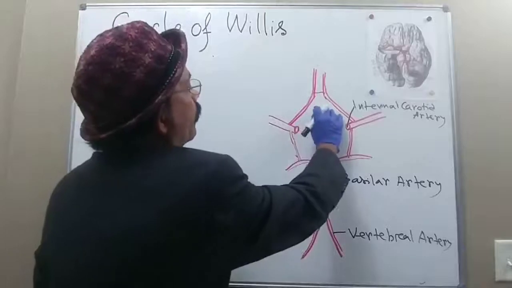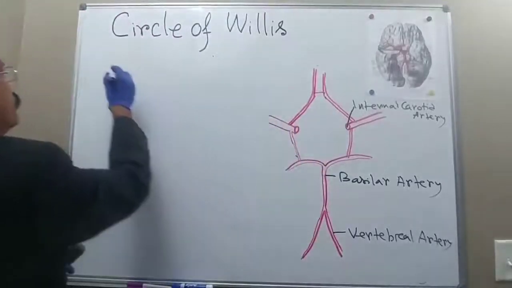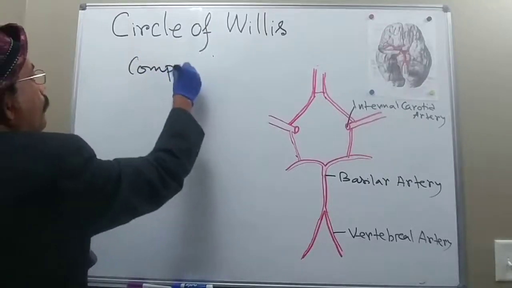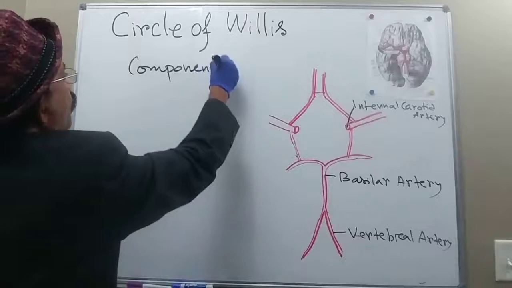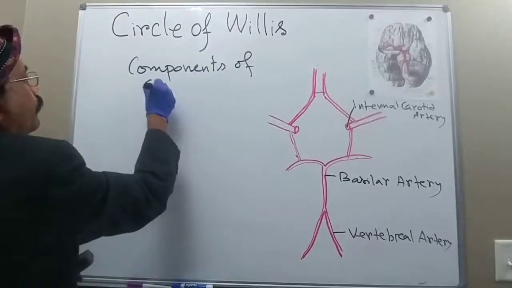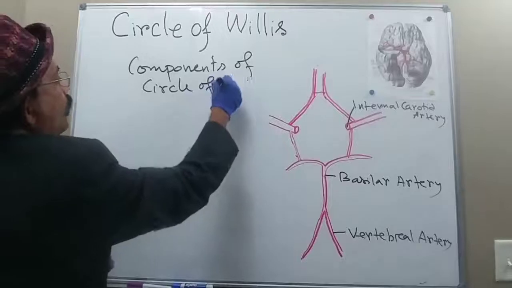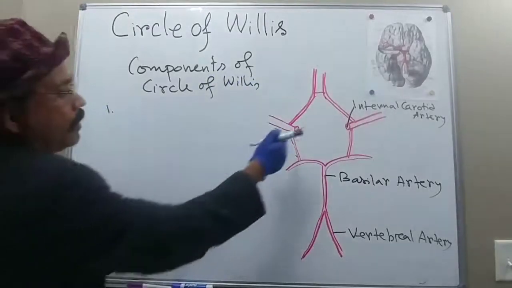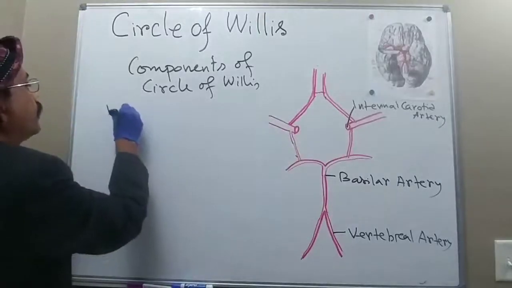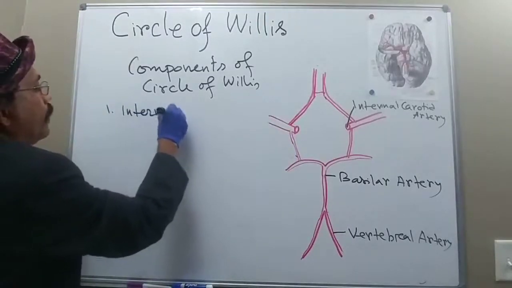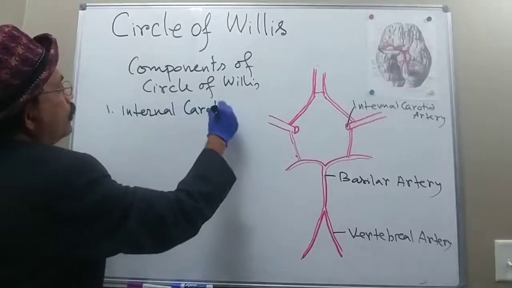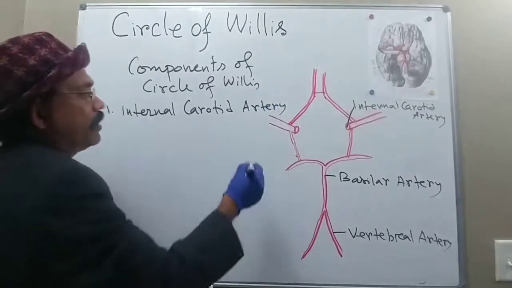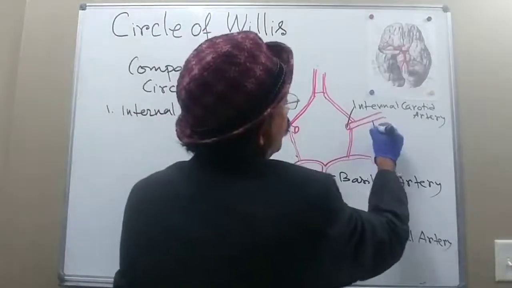So what are the parts of the circle of Willis? We have to find out the components. We have the internal carotid artery, and it has two branches. One is the middle cerebral artery.